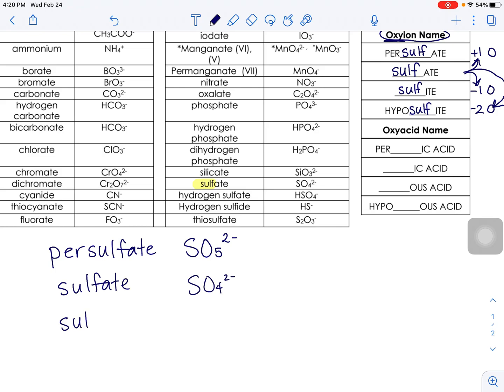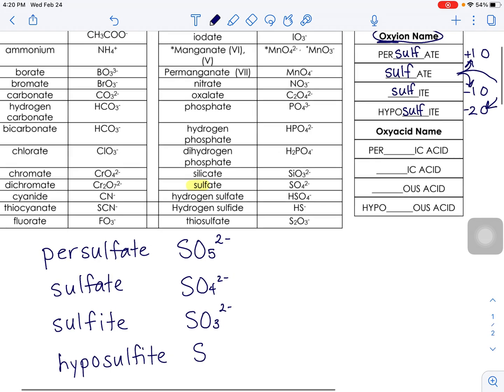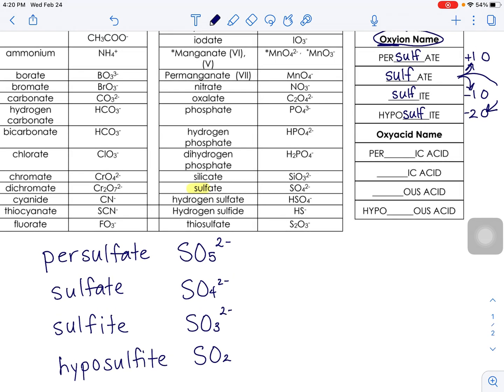Sulfite is 1 less oxygen than that, so it's SO3, and then still 2 minus. And then hyposulfite is 1 less oxygen than that, or 2 less than sulfate. So it's going to be SO2, and then still 2 minus.